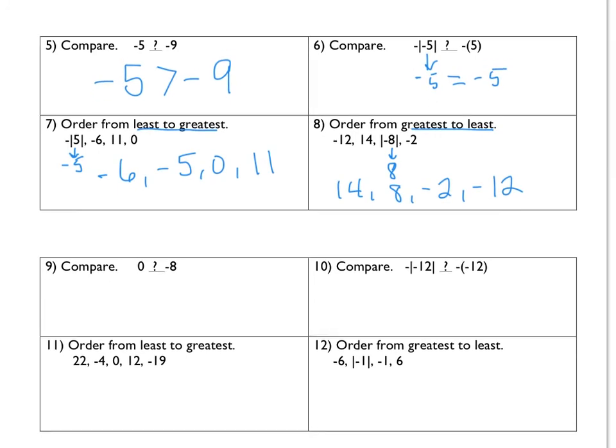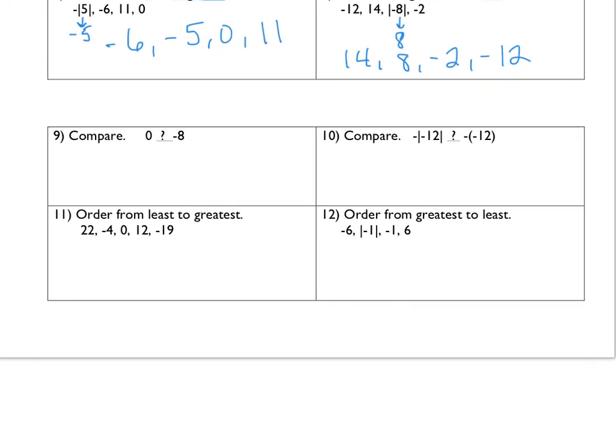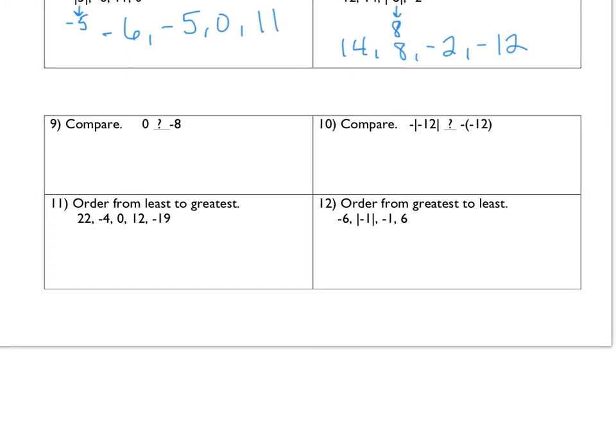Let's move on to number 9. Some more comparing. We are going to compare 0 and negative 8, and 0 is greater than negative 8. And let's clean this one up, and that's going to be a 12 with a negative on the outside.